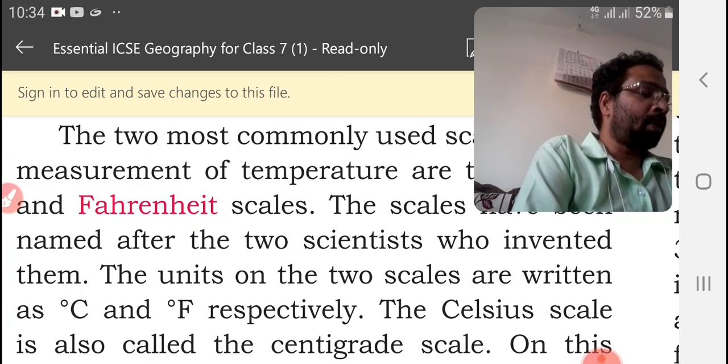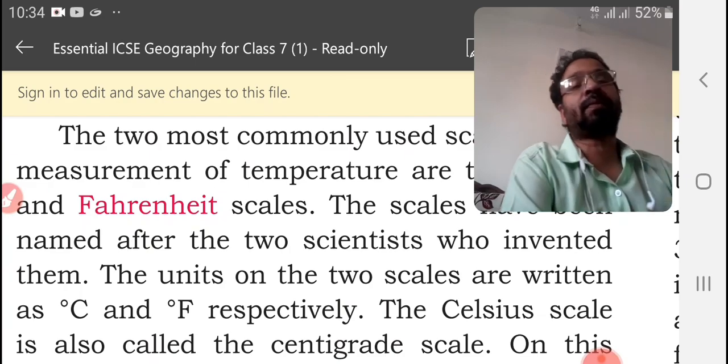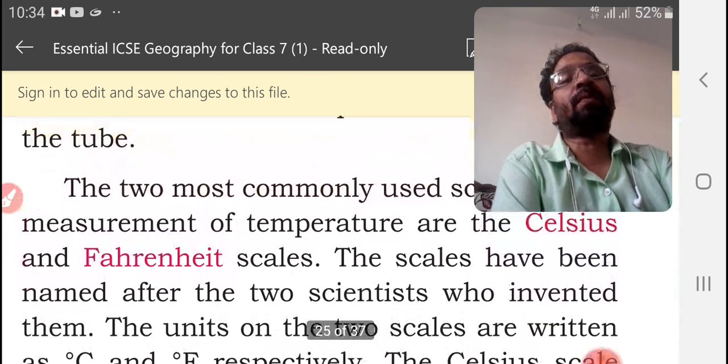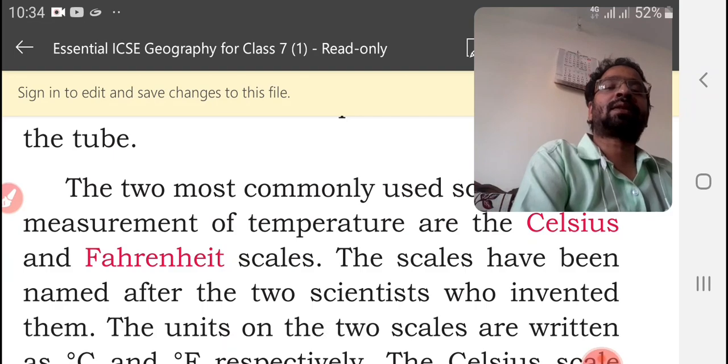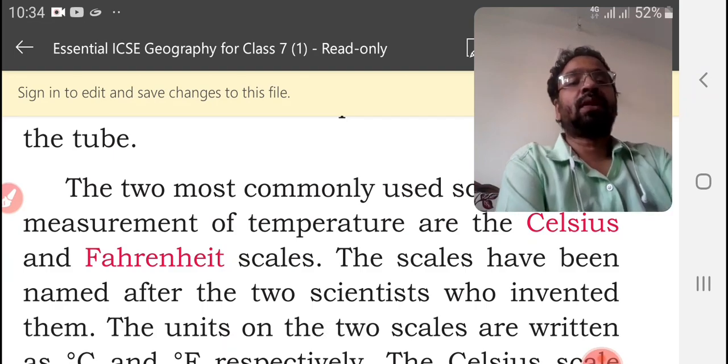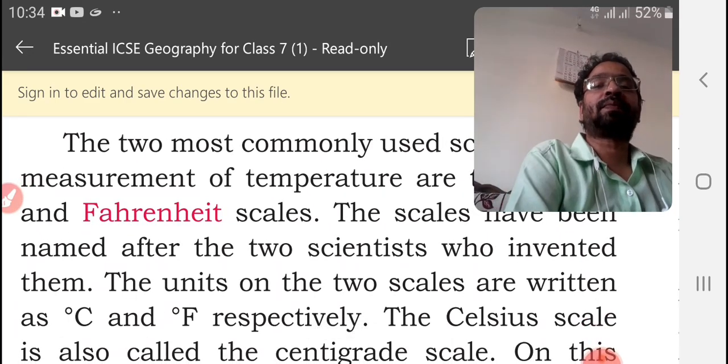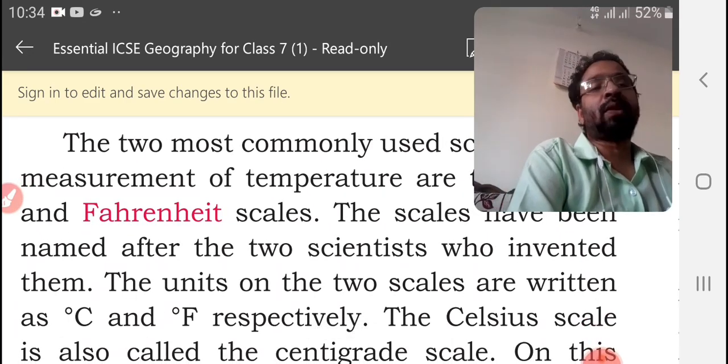The scales have been named after the two scientists who invented them. The Celsius scale and the Fahrenheit scale got their names from the persons who invented them.